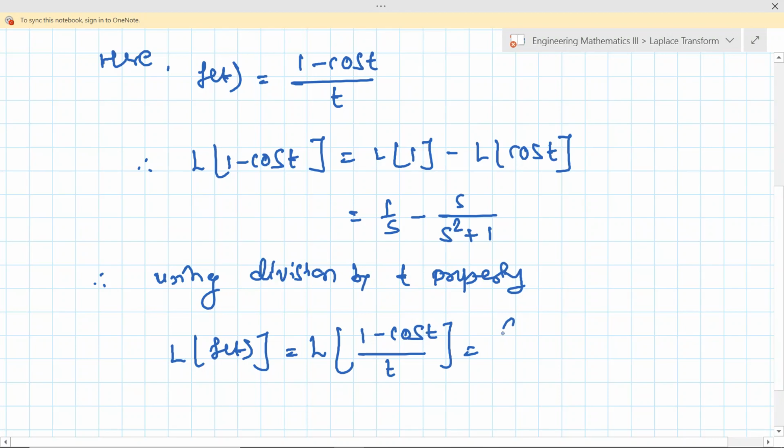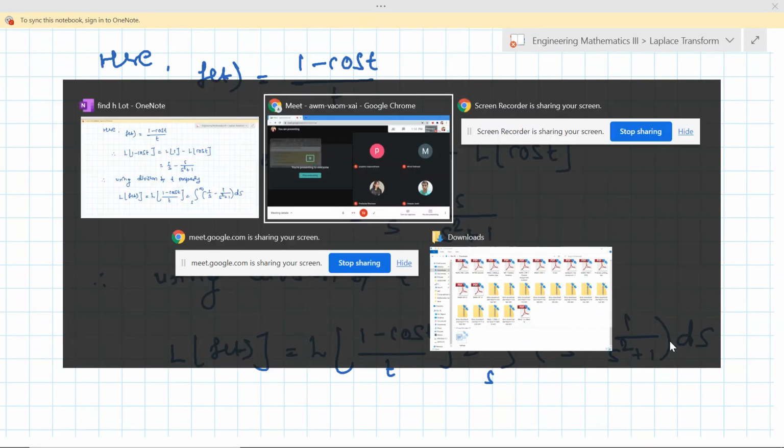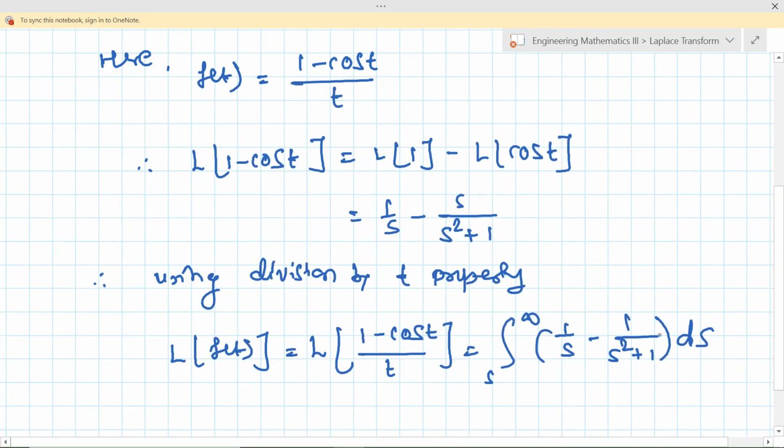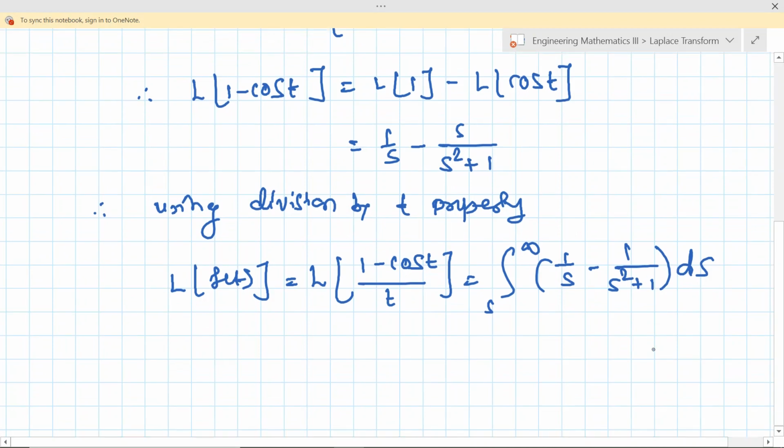This is equal to the integration from s to infinity of the Laplace of f of t. So what is the Laplace of, sorry, Laplace of 1 minus cos t? That is 1 upon s minus s upon s square plus 1, into ds. Isn't it?